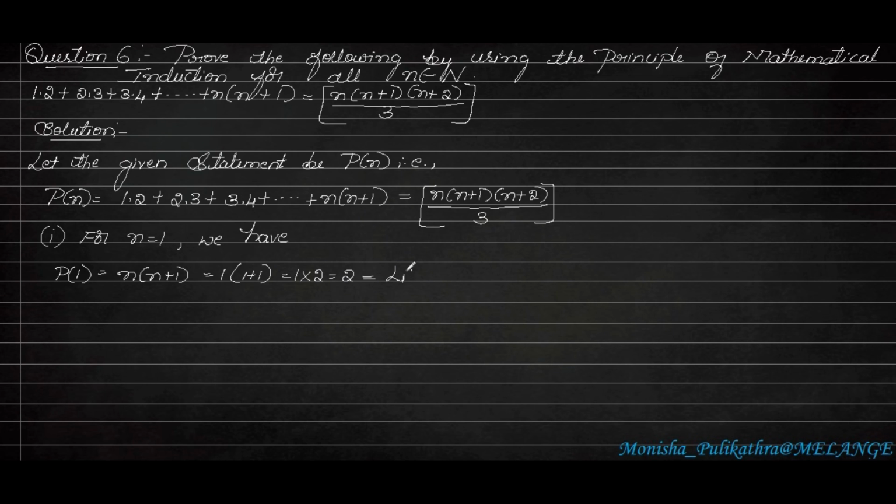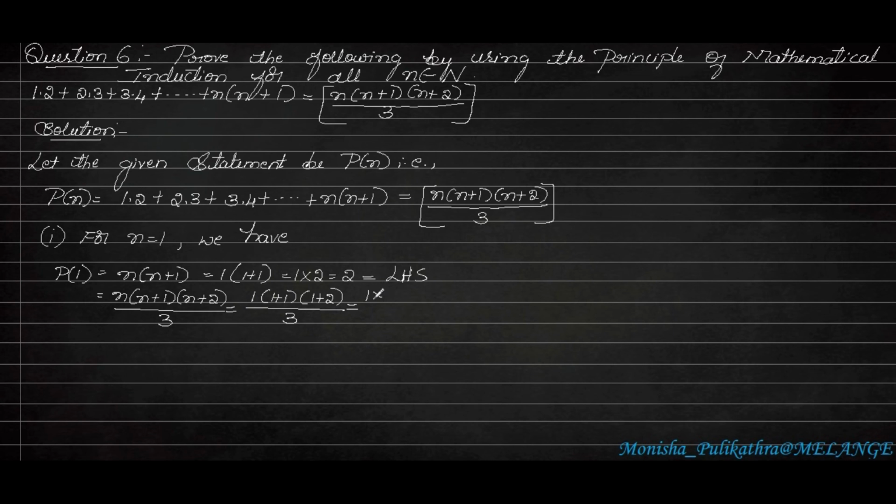This is LHS. Next, in the same way, we have to substitute 1 for the RHS also. That is n into n plus 1, n plus 2 whole divided by 3. So 1 into 1 plus 1, 1 plus 2 whole divided by 3.